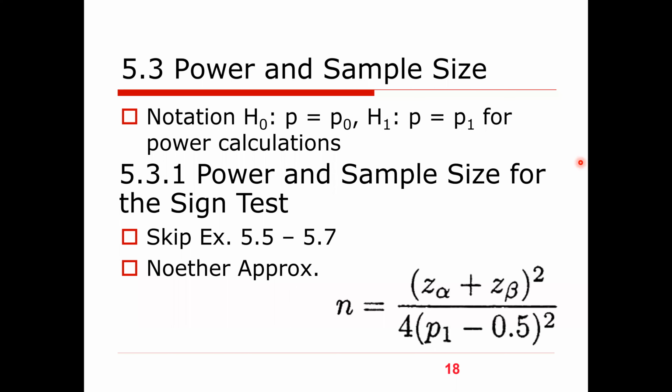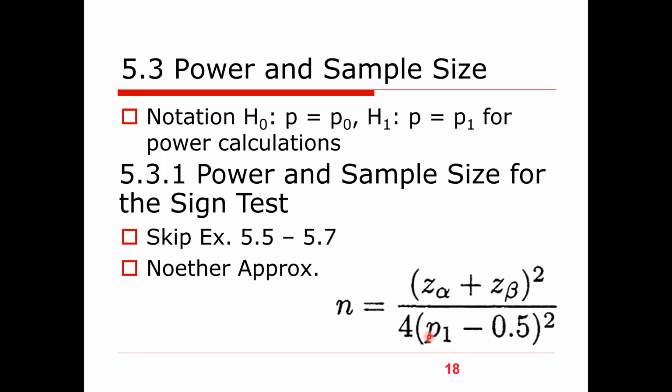So here, this is an equation called Noether-approx that tells us the mathematical relation between sample size and the power of a test and the significance level, and P1, which means the probability of falling into one result out of 2 here.